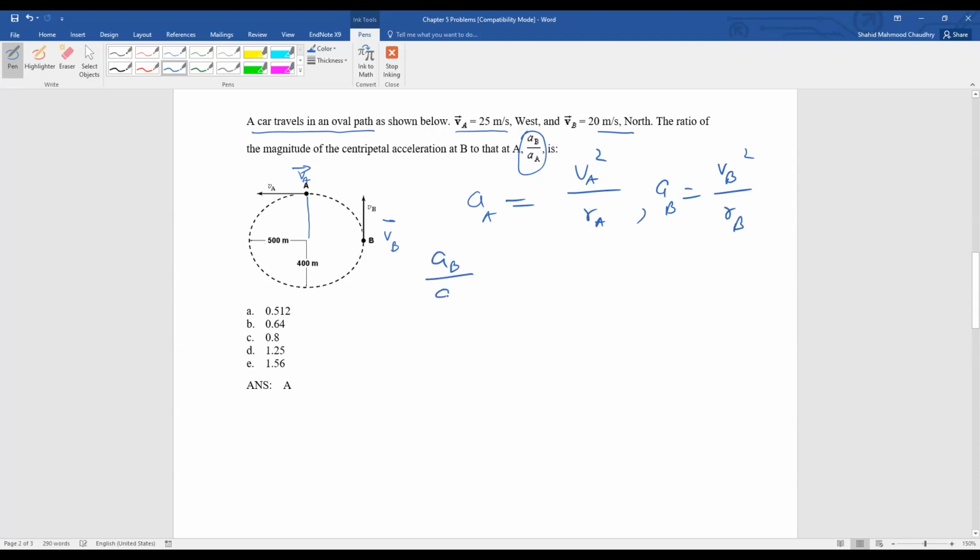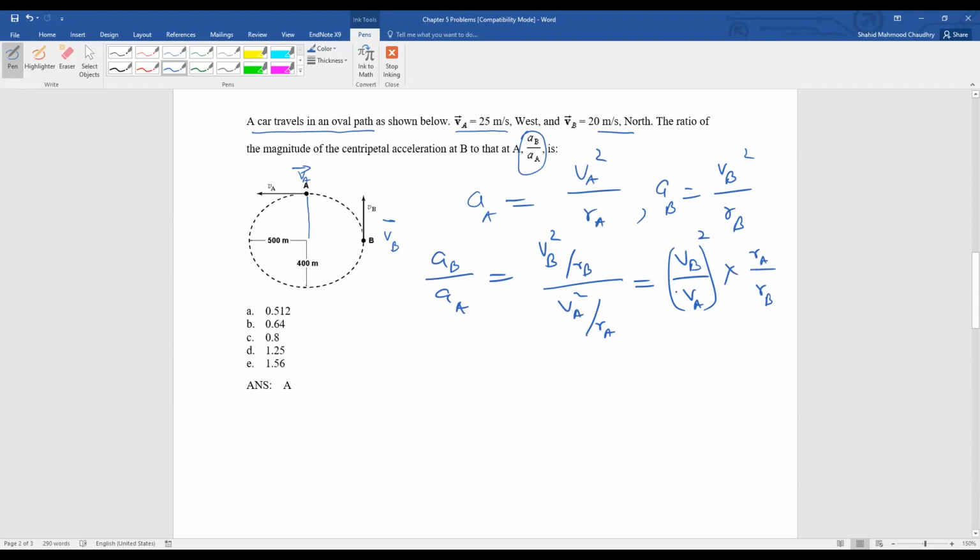So we want to make this ratio. The ratio AB over AA is equal to VB square over RB divided by VA square over RA. This is equal to (VB over VA) whole square multiplied by RA over RB.